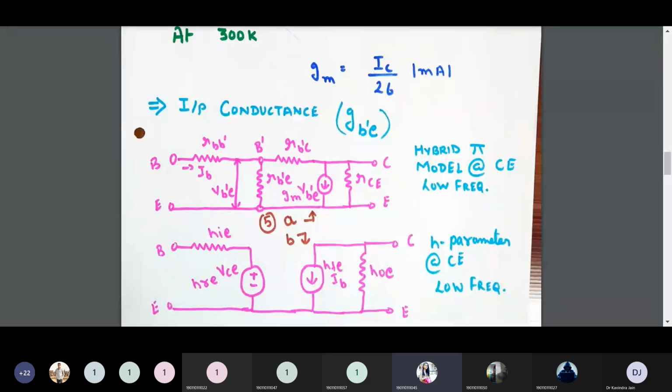What is new in this circuit? See, I have written in both the circuits: it is the hybrid pi model and the H parameter model for CE, right? But as you can see, both the circuits are at low frequency. So even though they are at low frequency, there is no capacitor.